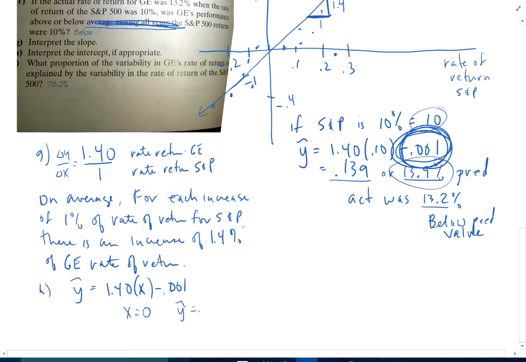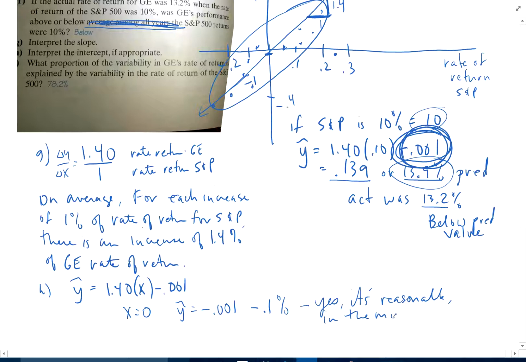Can there be a negative 0.1% rate of return for GE? Yeah, that's reasonable. Sometimes negatives don't make sense, but that's reasonable. And notice that's right in the middle of our data set too, and that's okay. Yes, it's reasonable, in the middle of the data set.